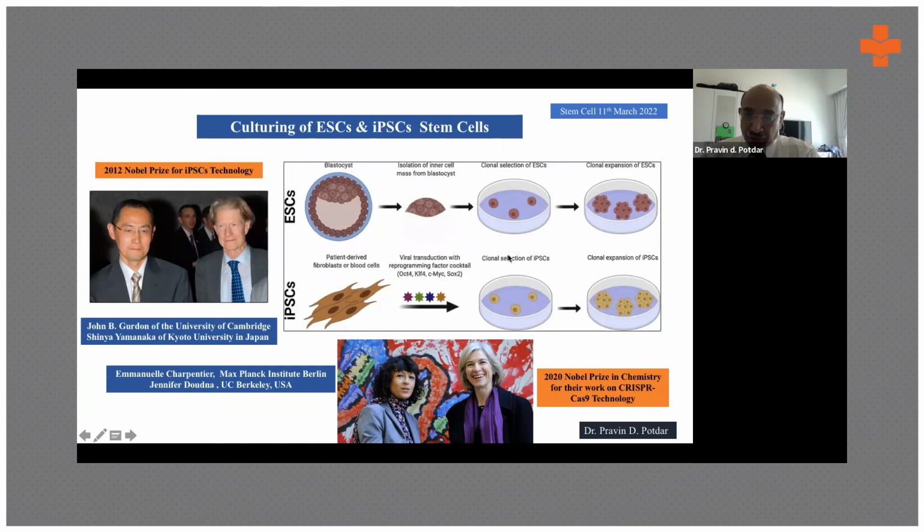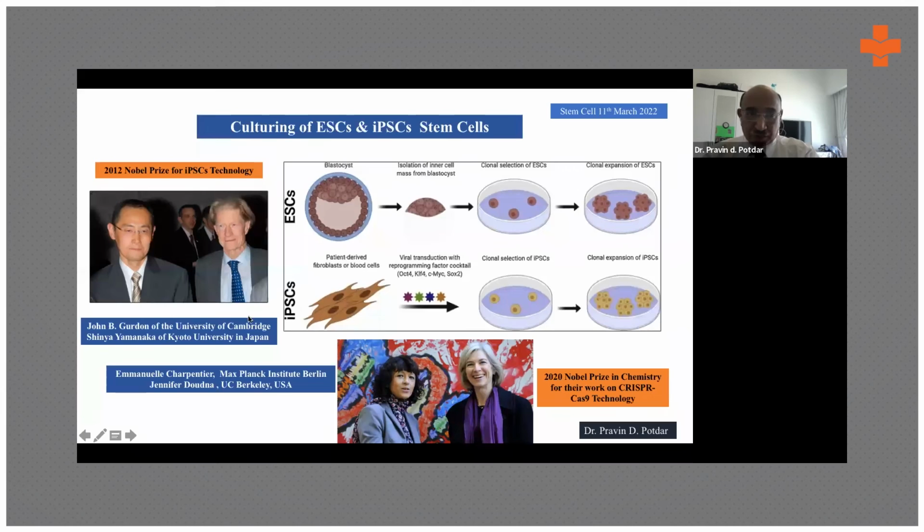So this particular technology will also be very useful in making lymphocytes, B lymphocytes, CD4 lymphocytes with different mutations. This will also be one of the extended research areas.